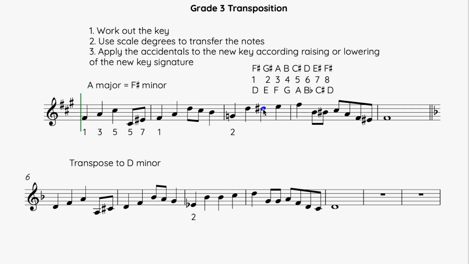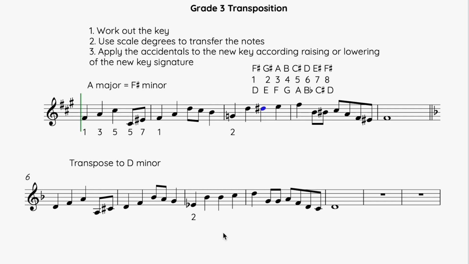So D is the 6th note of F sharp minor. D, and then we have a D sharp. So it was raised from what we would normally see in this key signature. It's a D natural in the key signature, raised to become a D sharp.